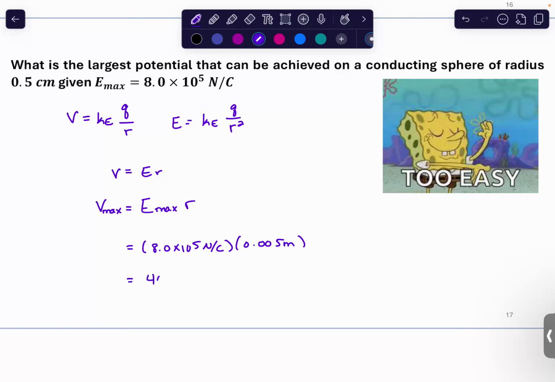Or kilovolts. Always remember, just because we're in chapter 17 doesn't mean chapter 16 ceases to exist.